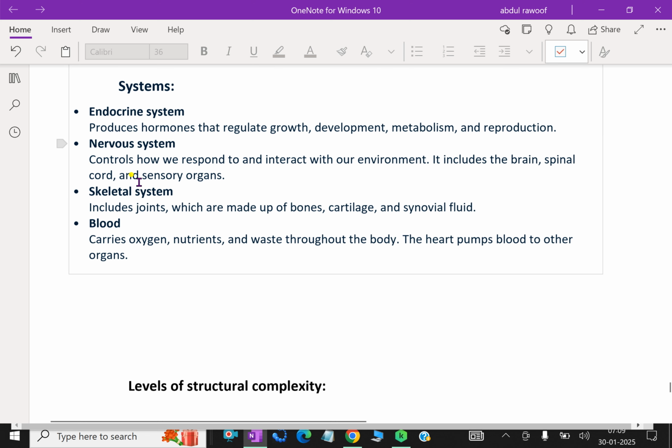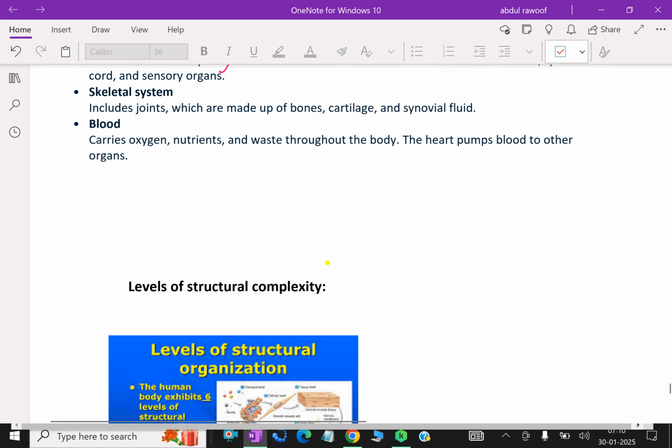The nervous system controls how we respond to and interact with our environment. It includes the brain, spinal cord, and sensory organs. The skeletal system includes joints, which are made up of bones, cartilage, and synovial fluid. Blood carries oxygen, nutrients, and waste throughout the body. The heart pumps blood to other organs.